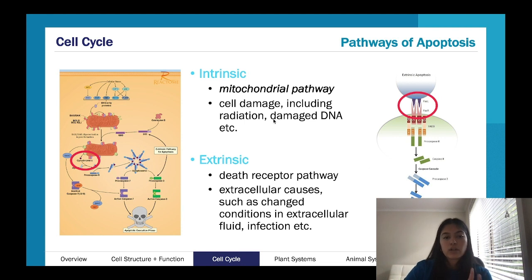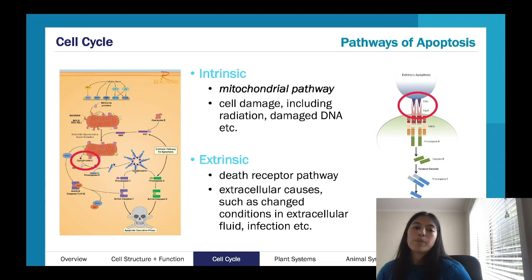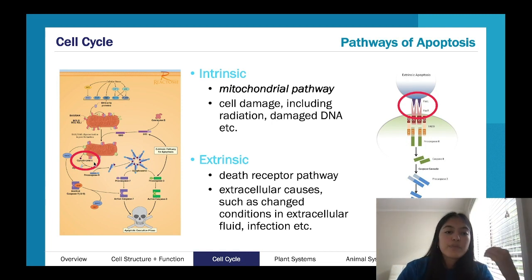So in general, I'm not going to go too in depth, but you have your intrinsic, so think about the term, and your extrinsic. Think of intrinsic as coming from inside, so it can be caused by cell damage or damage to DNA, things like that. And it's caused by a molecule from the mitochondria called cytochrome C. Again, probably not too key to remember all these details, but just understand that it comes from within the cell.